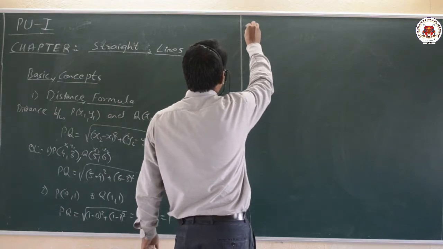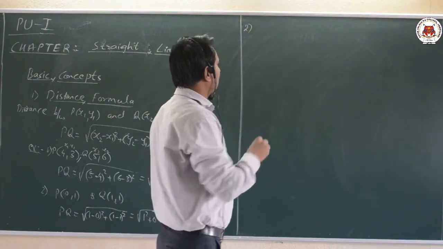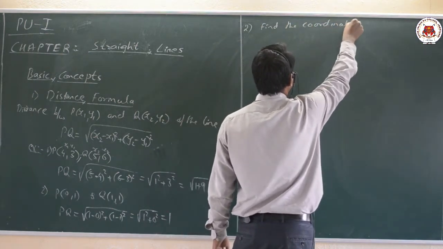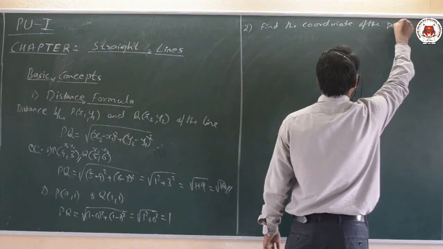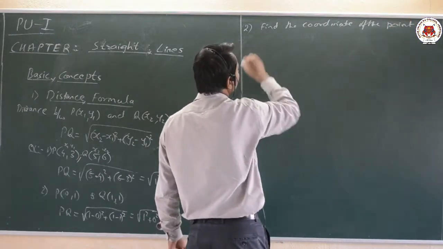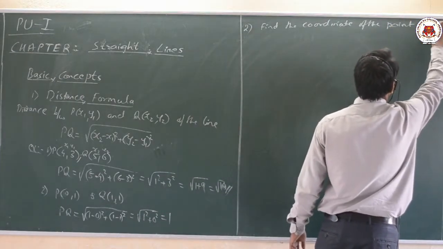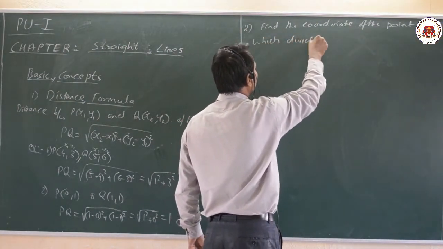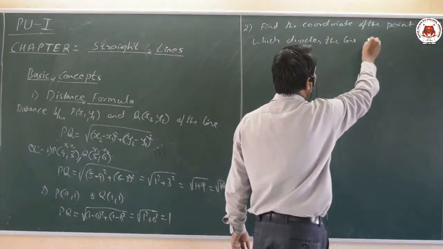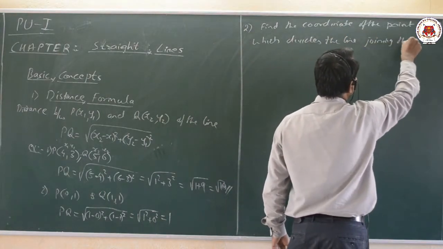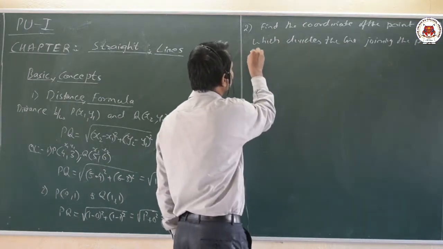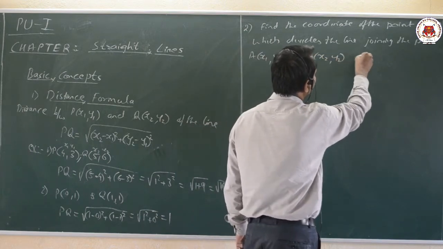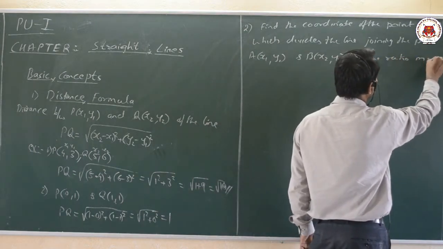Now the second thing we will look at is the coordinate formula. Find the coordinates of the point P of x comma y which divides the line joining the points A of x1 y1 and B of x2 y2 in the ratio m is to n internally.